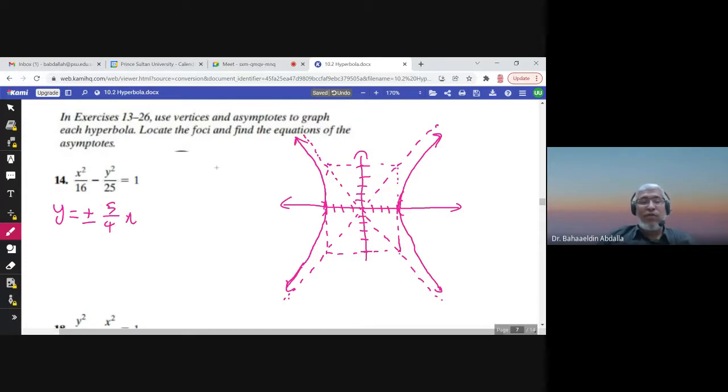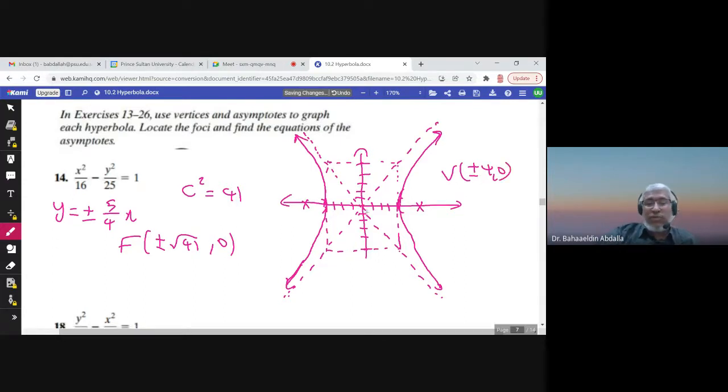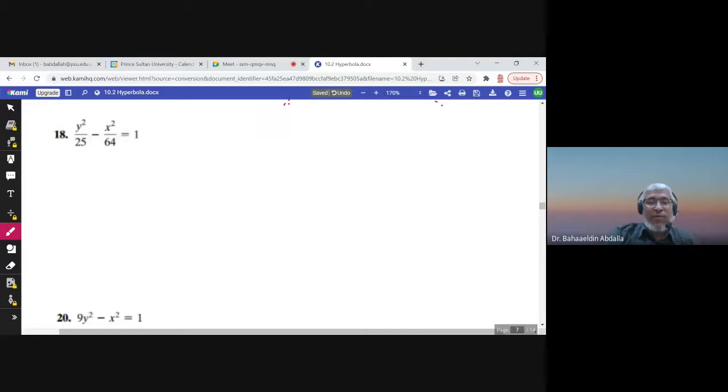What about the foci? c squared is 25 plus 16, so c is the square root of 41. The foci have coordinates plus or minus square root of 41 and 0. Of course, the vertices have coordinates plus or minus 4 and 0 if you are asked about it.